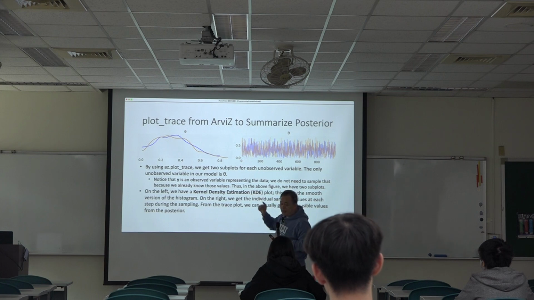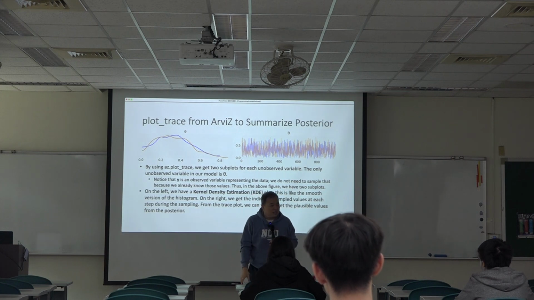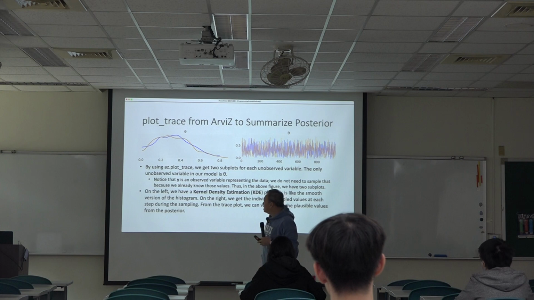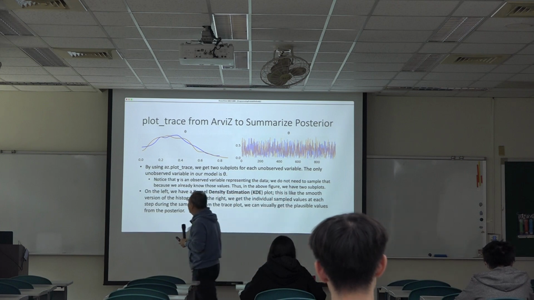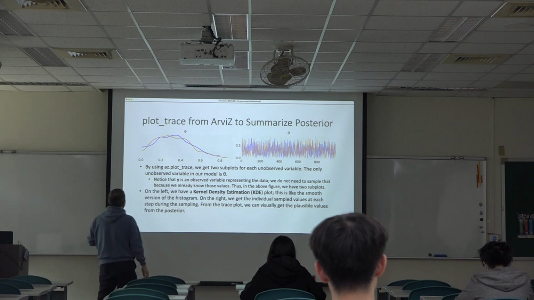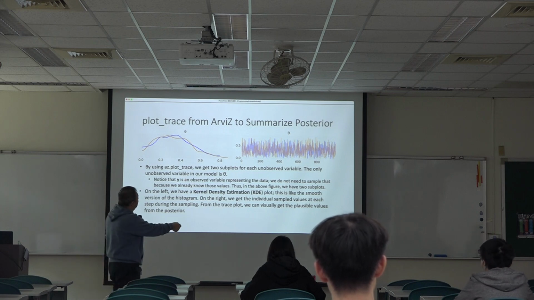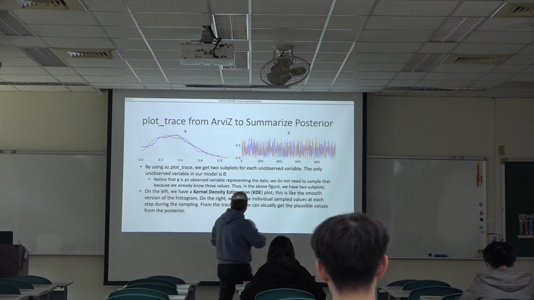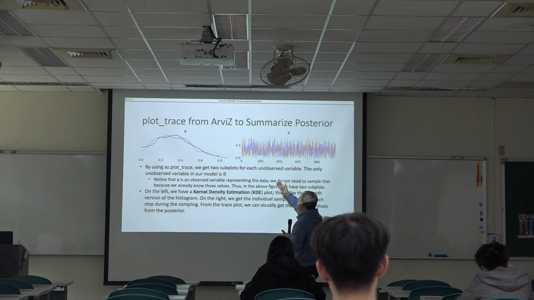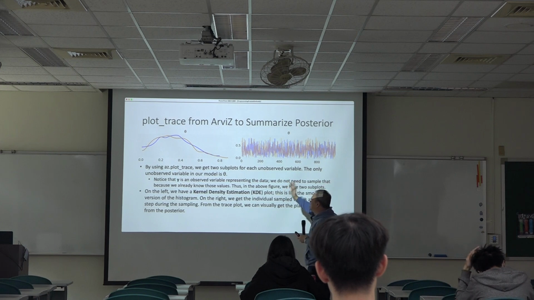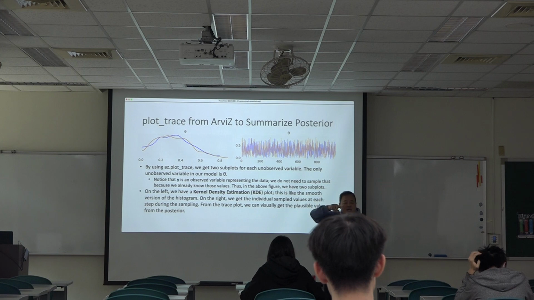Obviously, because we have two chains, you can see there are two lines, one blue line and one orange line, and the same on the right-hand side. On the right-hand side, the x-axis represents the number of samples, and the y-axis represents the value of theta.